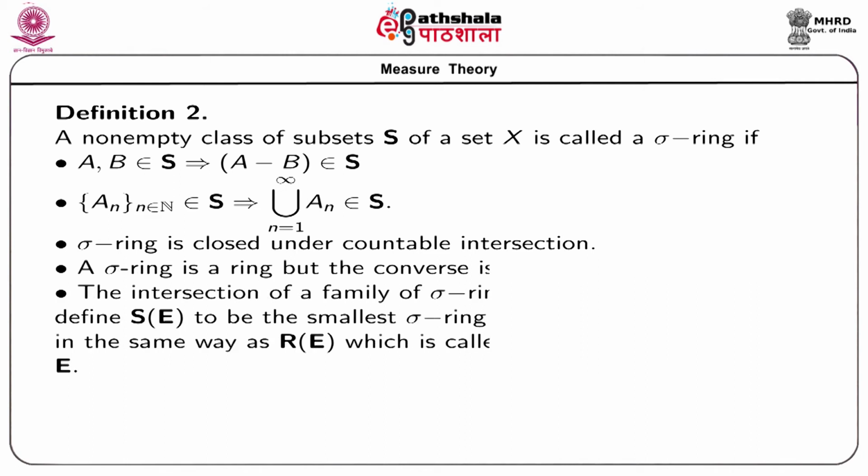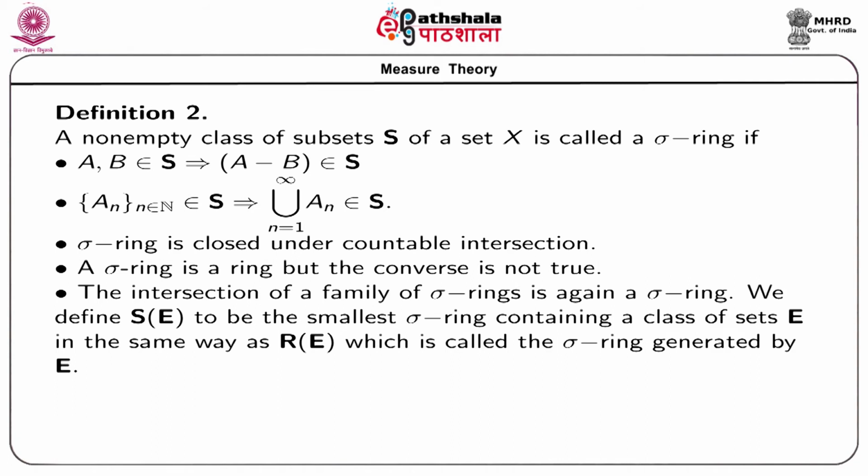It is easy to again observe that a sigma ring is closed under countable intersection. A sigma ring is a ring, but the converse is not true, because if we take the collection of finite subsets of an infinite set, then it forms a ring, but it does not form a sigma ring.